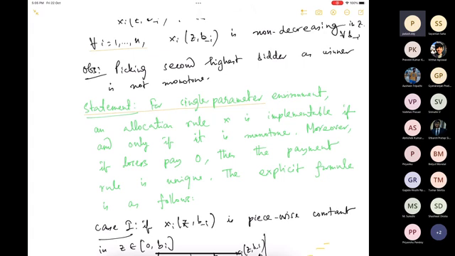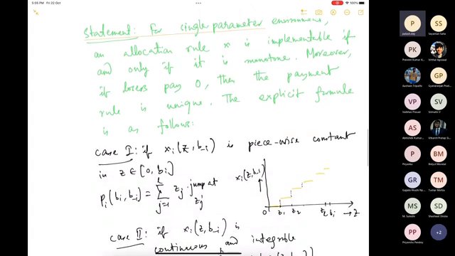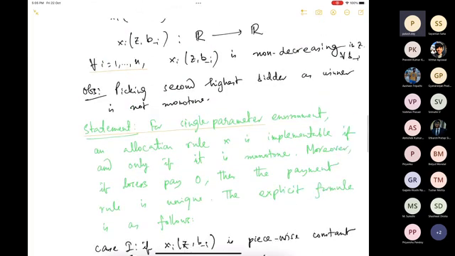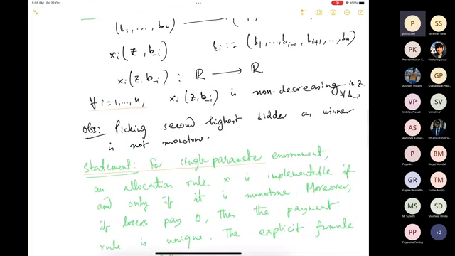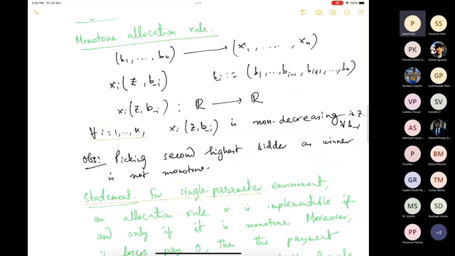Now, what do we mean by monotone? For each player i, you fix the bid values of all other players, and you see the allocation of player i as a function of the bid z of player i, and this function xi in the parameter z should be non-decreasing. In plain English, increasing the bid value should not lead any bidder to get less amount of stuff.